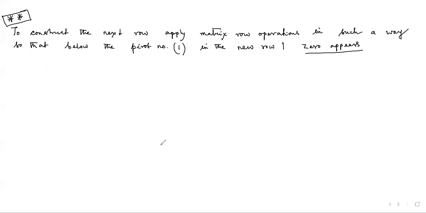So to construct the next row, apply matrix row operations in such a way so that below the pivot number in the new row 1, because the pivot number is appearing in the new row 1, 0 appears. Let's get back to the previous page.